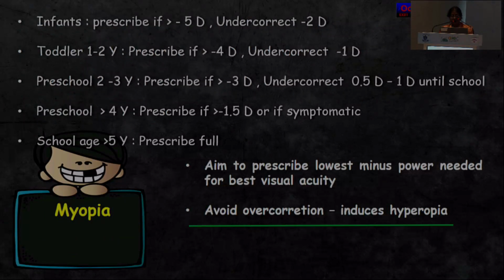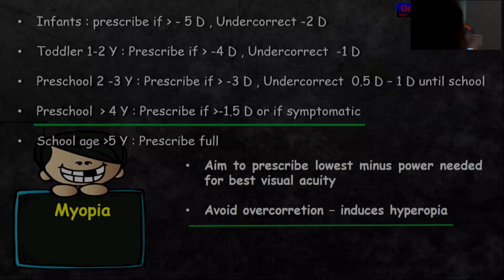Coming on to myopia, for a kid more than 3 or 4 years old, or a preschooler, you prescribe if it is more than 1.5 diopter or if the child is presenting with symptoms. The aim is to prescribe the lowest minus power needed for the best visual acuity. In a broad outline, myopia in children more than 3 years of age, -1 to -10, is pretty straightforward.